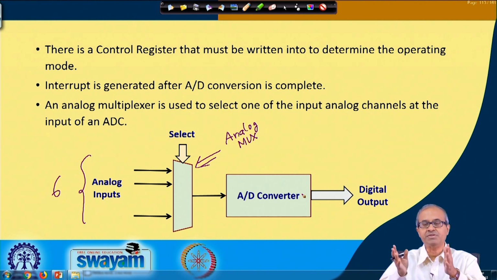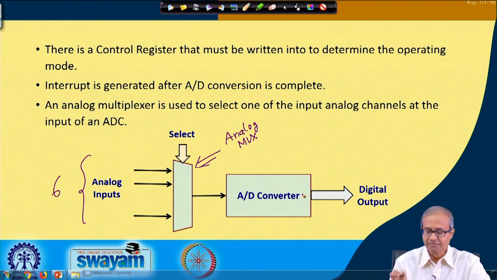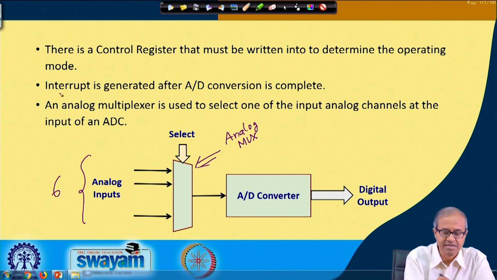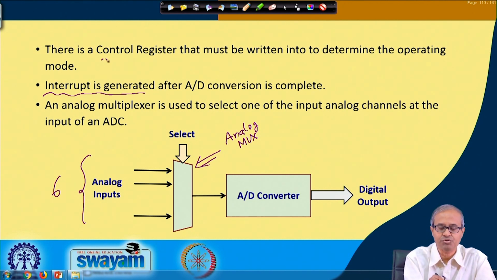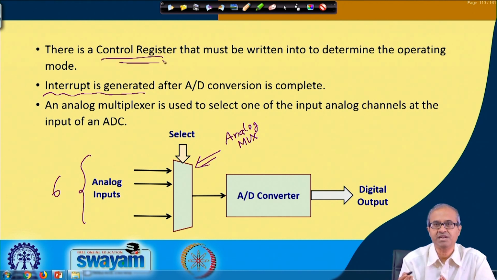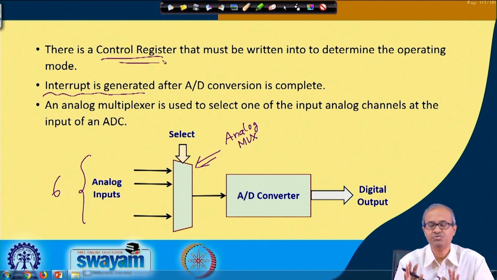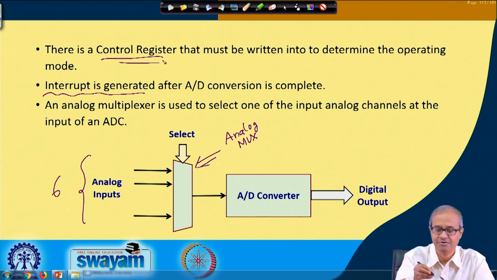So, here there are two such converters, ADC 0 and 1, supporting 6 and 8 channels respectively, right. And after AD conversion was completed, an interrupt signal was generated. Okay. This is how it worked, and there was a control register which has to be initialized to program what you want, how you want, all details have to be mentioned. This was what was there in ARM 7. Okay.